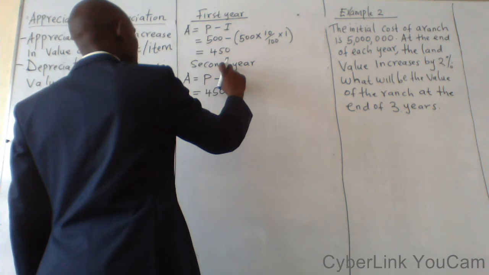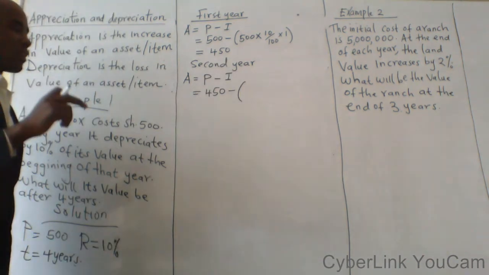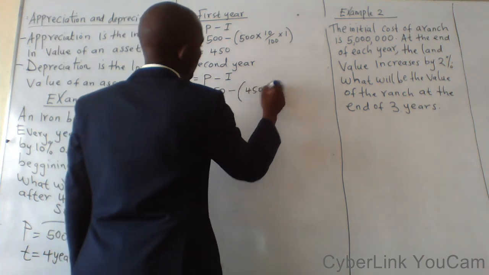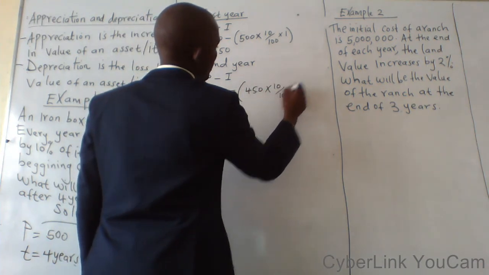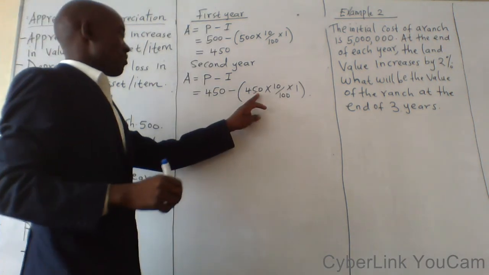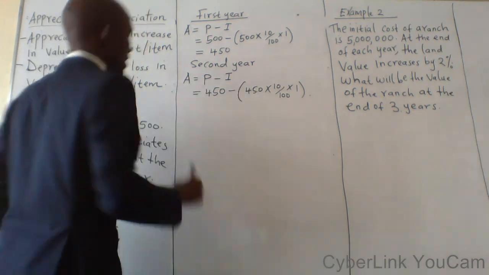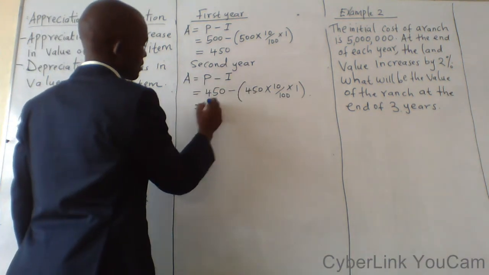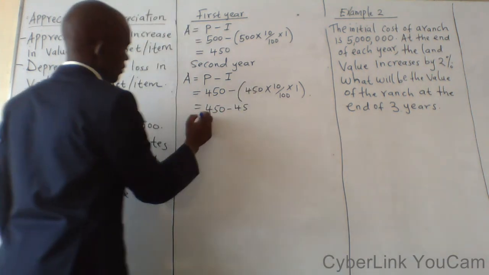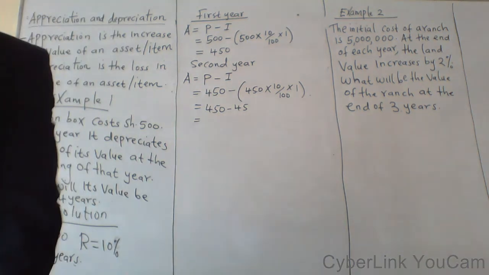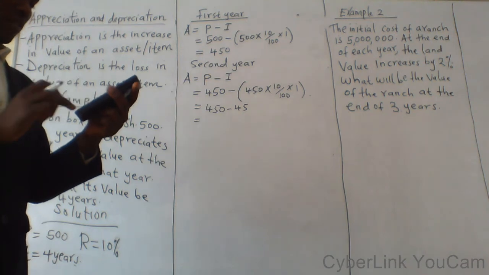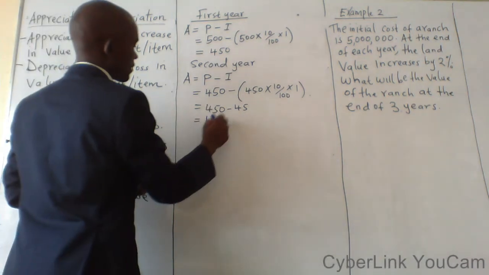The interest in this case, which depicts the loss, will be given by the principal, which is 450, times the rate, which is 10 over 100, times 1. If you take 10% of 450, you will get 45. Then this is the same as 450 minus 45, which gives us 405.